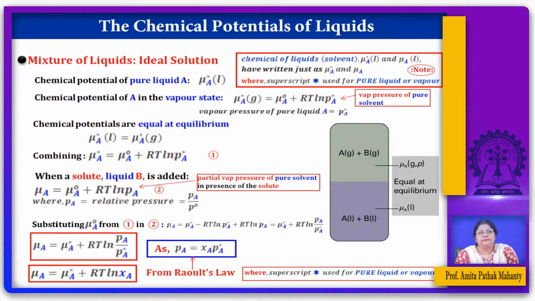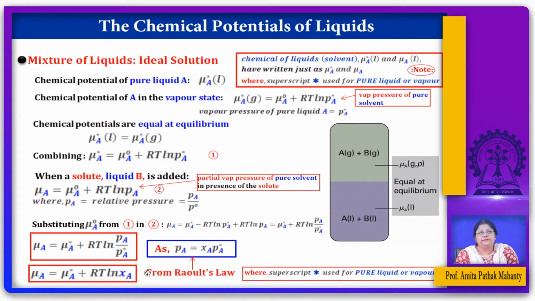So according to Raoult's law, this PA, which is the partial vapor pressure of the component A when the solute B is added, is equal to the mole fraction of A times the vapor pressure of the pure state, when the solute was not added. This is Raoult's law.